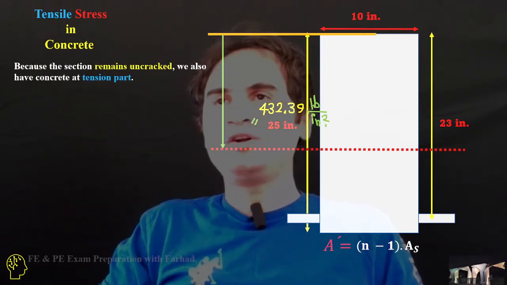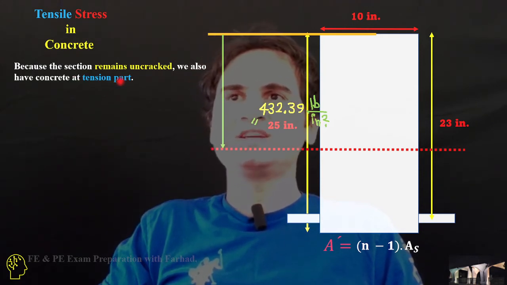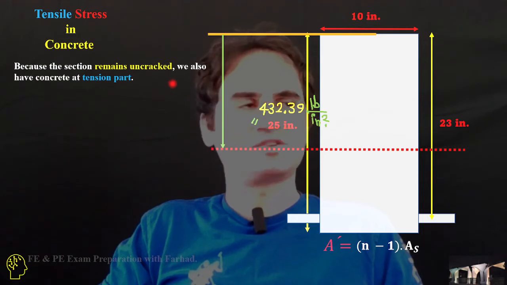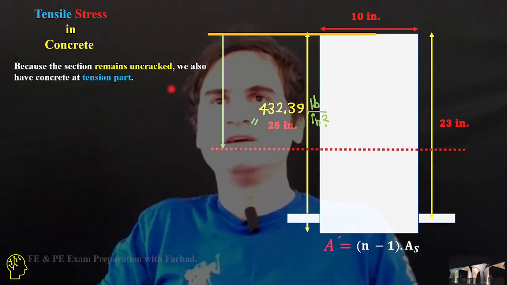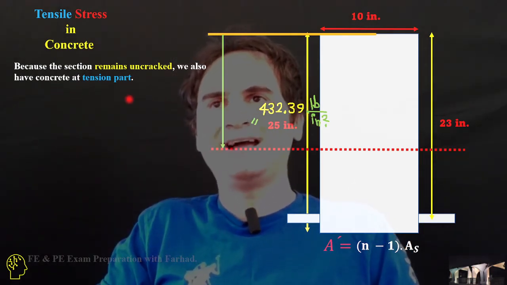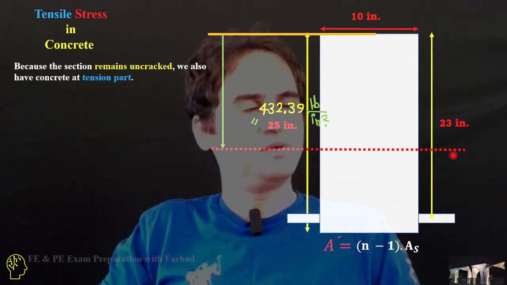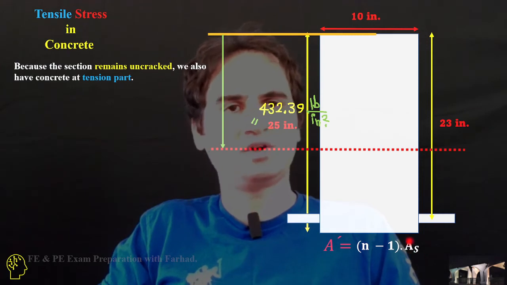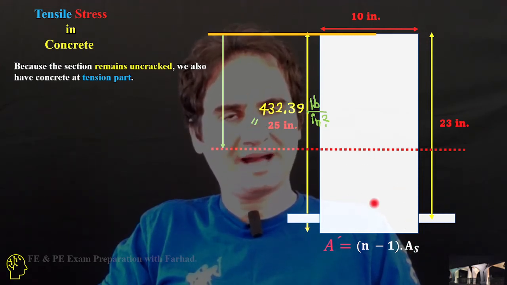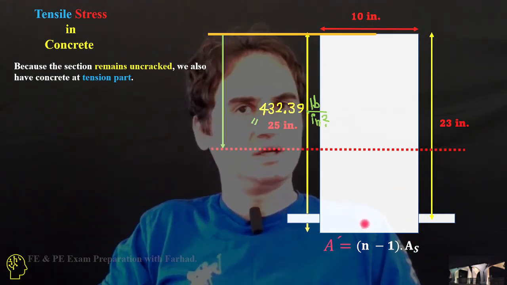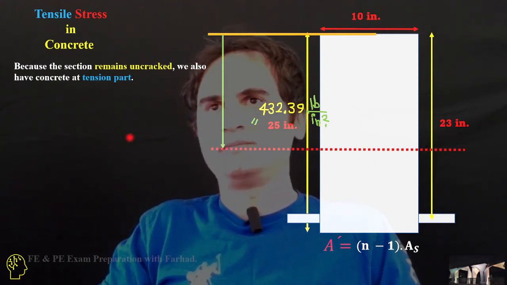The important part is that because the section remains uncracked due to our assumption, we also have concrete in the tension part. The cross section doesn't break into two parts, so we also have a concrete part below the neutral axis.